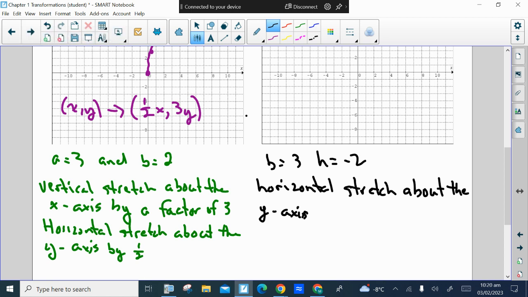Remember that the horizontal stretch factor is always the reciprocal of b. So we have a horizontal stretch by a factor of a third. And then the graph is going to shift 2 units left.